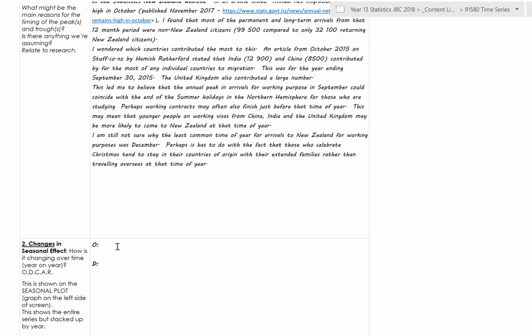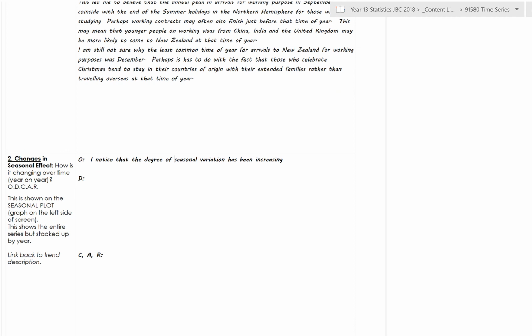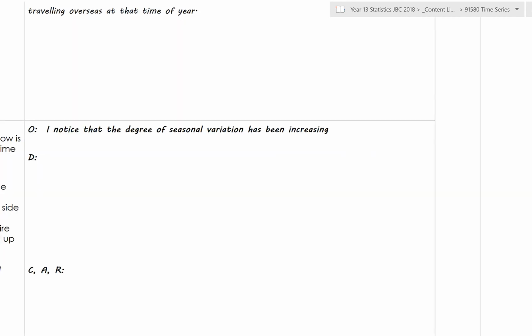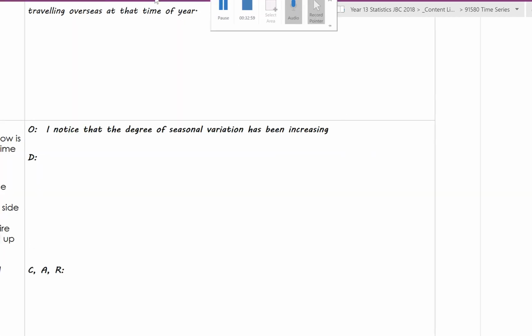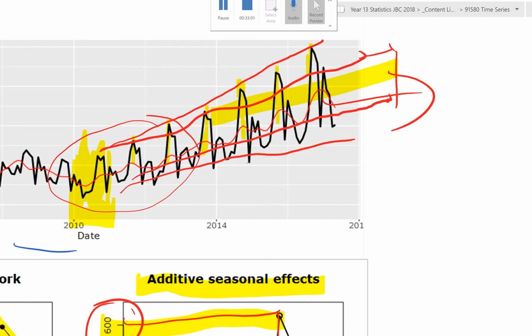So what I observe, I notice that the degree of seasonal variation has been increasing. All right? Specifically, the peaks are getting further and further above the trend line over the last how many years? Well, since 2011.